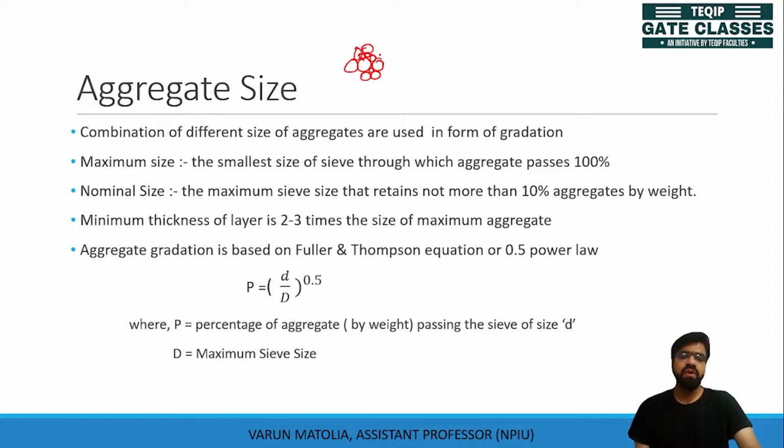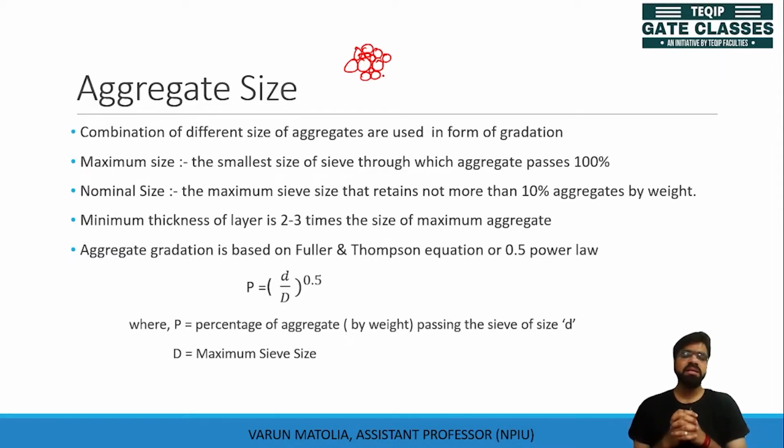And if these voids are filled, the contact area between the aggregates will increase. If the contact area increases, the friction between aggregate will increase, the interlocking between aggregate will increase, and the cohesion between the aggregate will increase. And this in turn will increase the strength of your concrete mass.